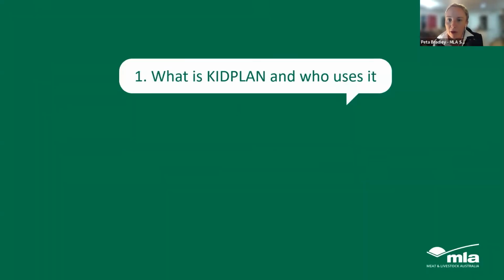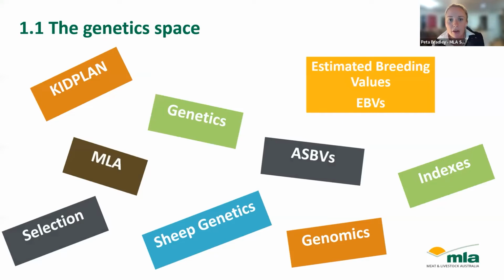So what is KidPlan and who is who? If we think about the genetic space, I've just thrown a heap of terms on the slide that we associate with genetics. Sometimes these terms can get confused, and it is a complex space.